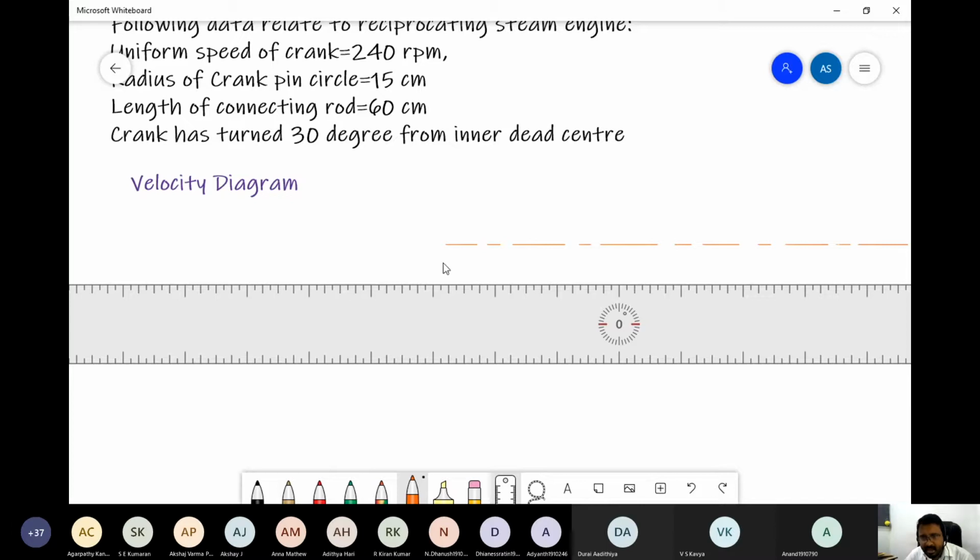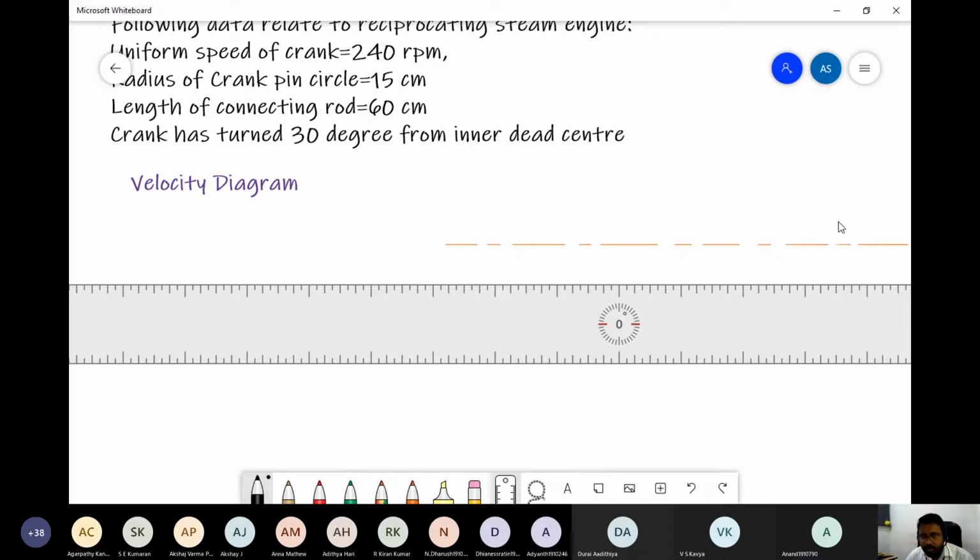This horizontal line represents the inner dead center. Then the crank is raised. The crank is raised to 30 degree from the inner dead center. So we should draw it like this. Am I right? So we are going to draw it this way.